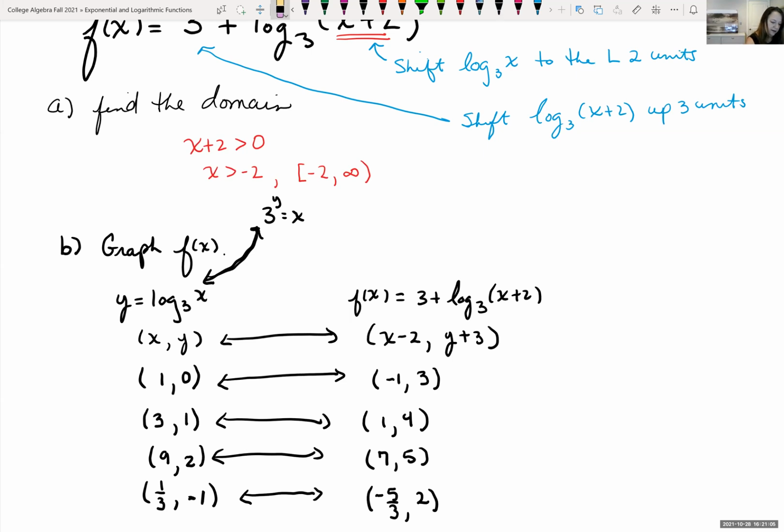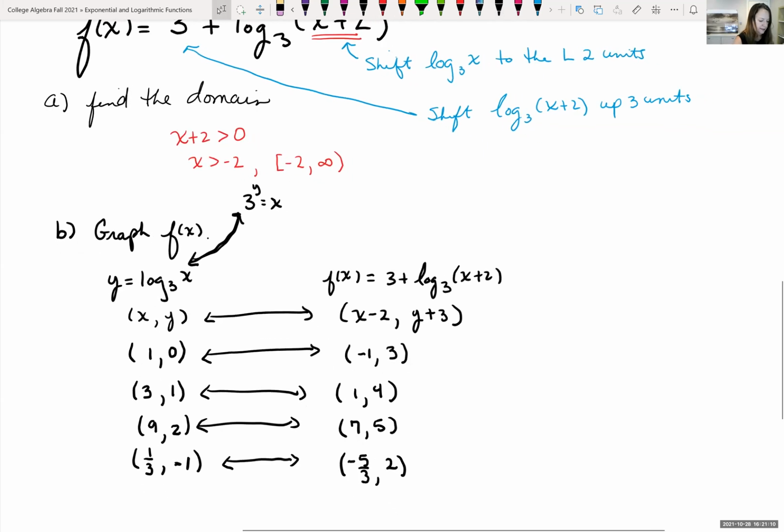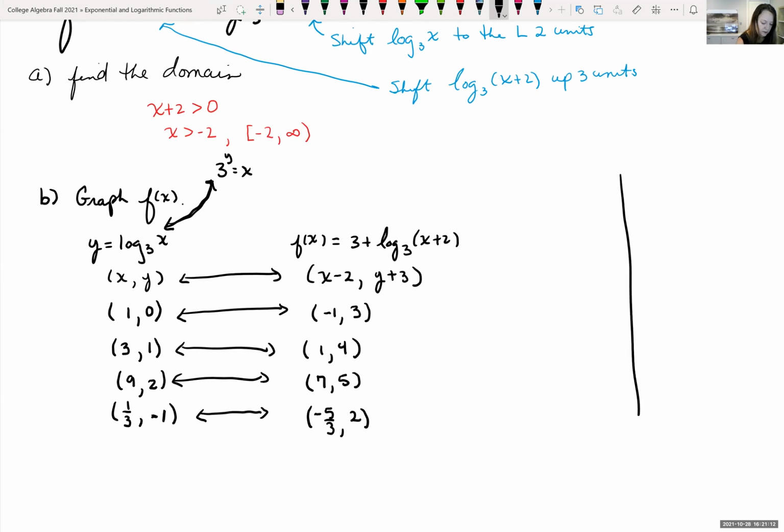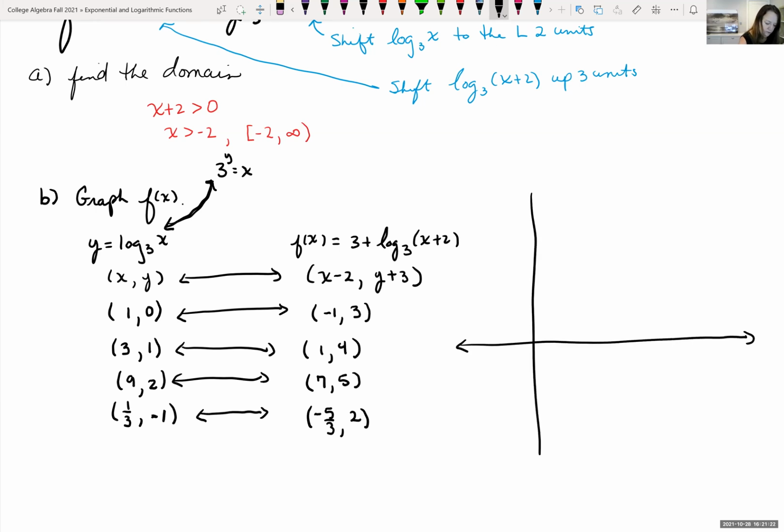Okay, so I think we have enough to see what the graph of f of x is. Let me move it over. So when x is negative 1, we have 3. When x is 1, we have 4.